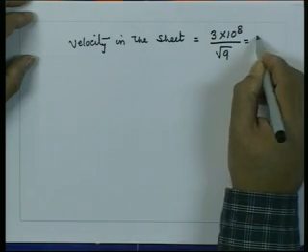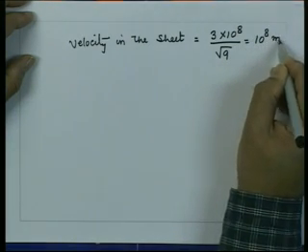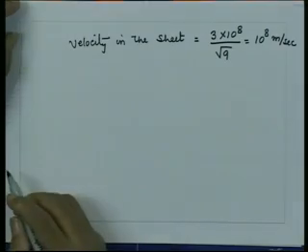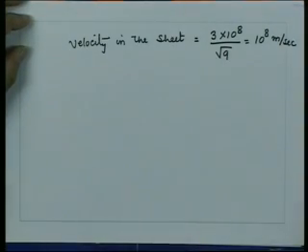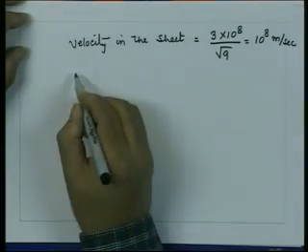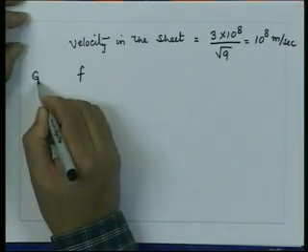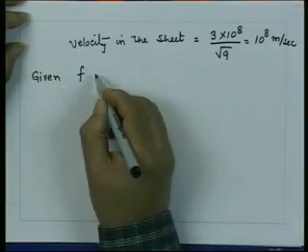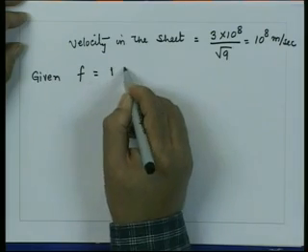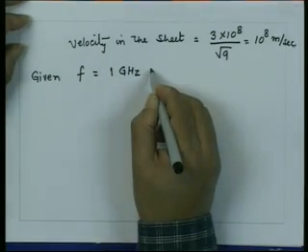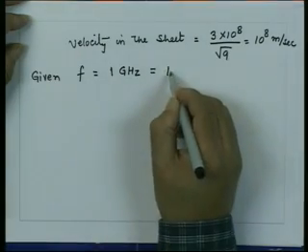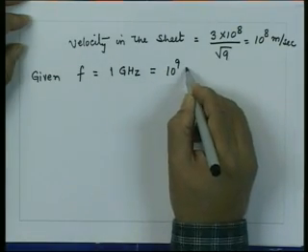So, that is equal to 10 to the power 8 meters per second, and the frequency given for this problem is 1 gigahertz. So, f for this wave is equal to 1 gigahertz, that is equal to 10 to the power 9 hertz.